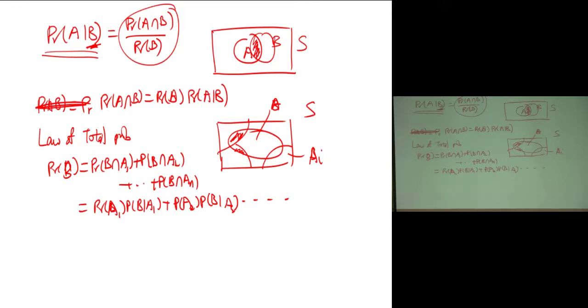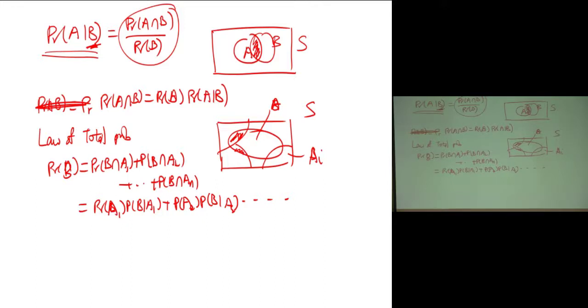And remember, the Ai are all mutually exclusive events. Not only mutually exclusive, but their union needs to equal S. So we call that a partition. Not just that they are disjoint, but when you take the union of all of them, it has to equal S. These are the criteria you need in order to apply total probability.